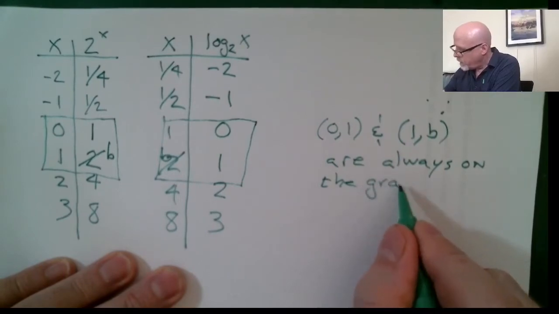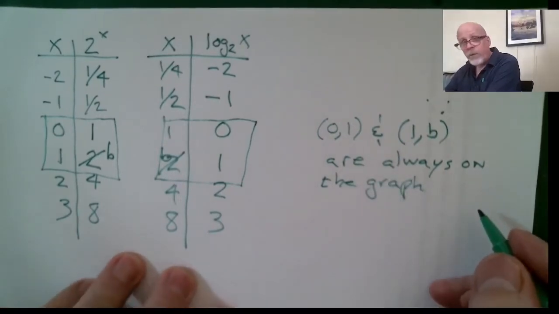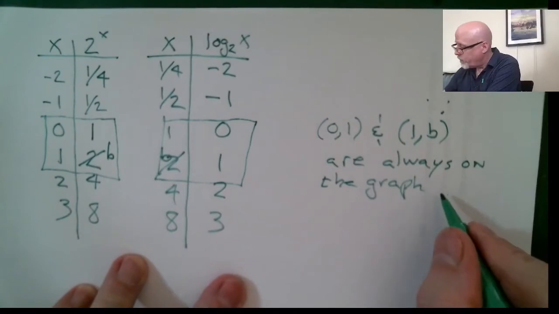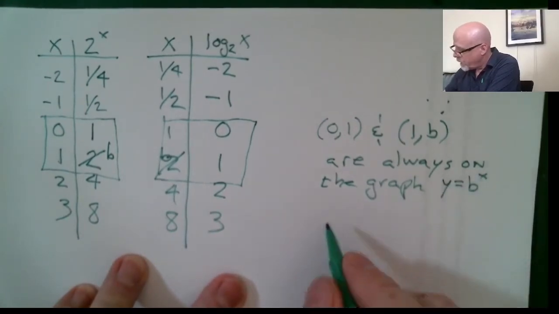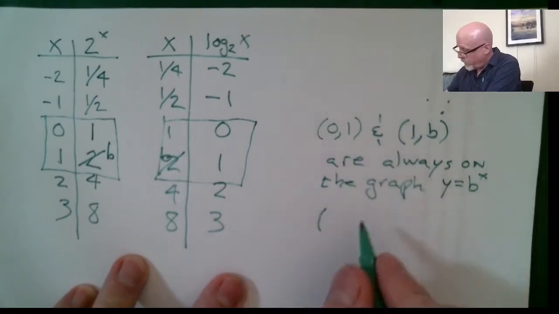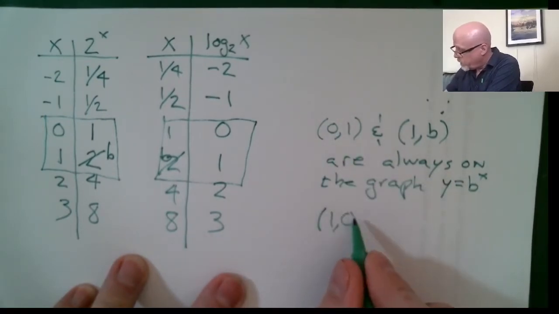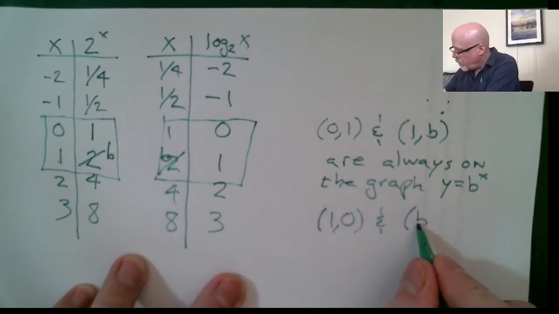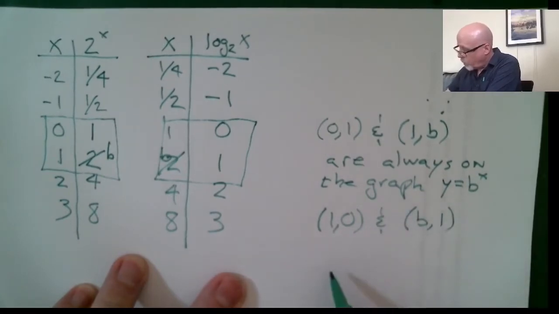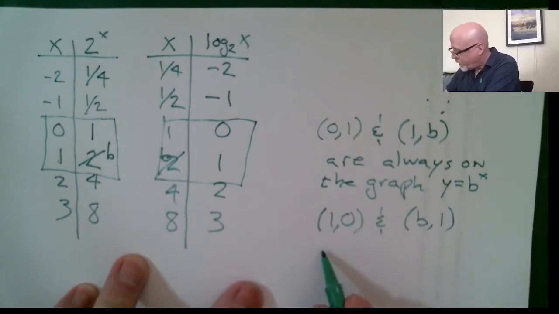And that means that you can also list some points that are always on the graph of the log function. And they have the roles of x and y switched. So (1, 0) and (b, 1), those guys are always on the graph of, well, no, I just said it. I have to write it now.